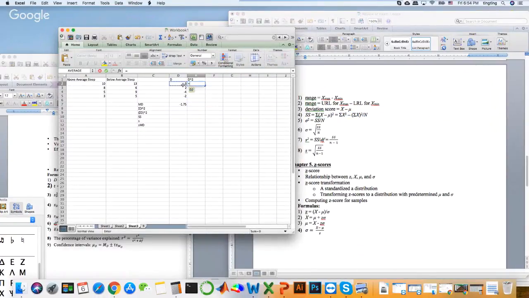So the square of every score of all these scores. And the sum of D, and then take the square.